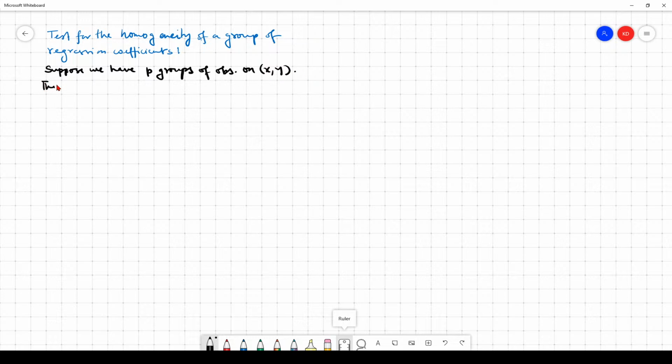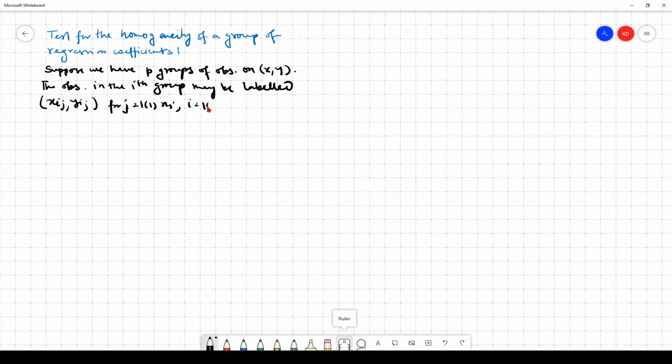The observations in the ith group may be labeled xij, yij for j from 1 to ni, i from 1 to p.